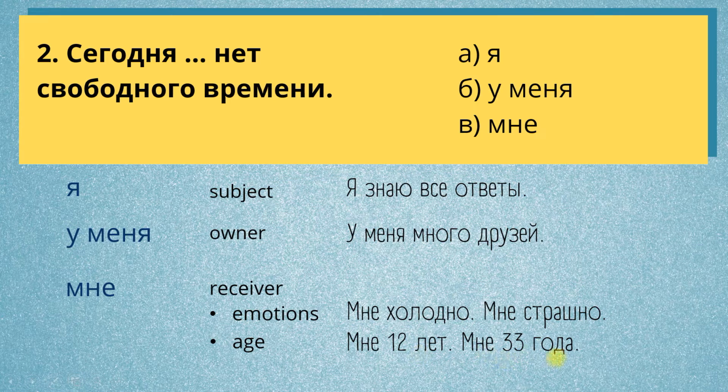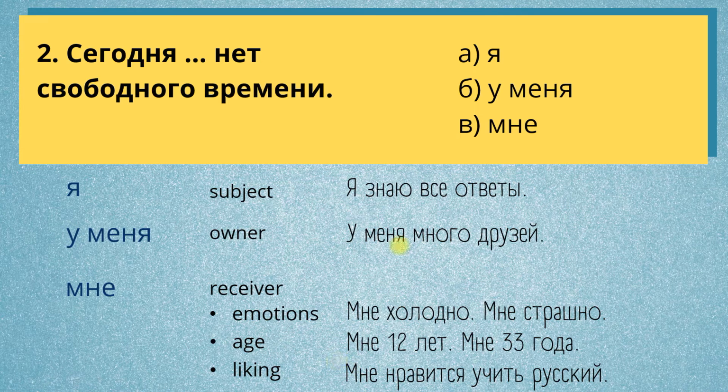Мне 33 года. Again, 33 years I received. And some liking, it's the construction «Мне нравится учить русский». I will add the link to the video about нравится. There I already added some explanation about this construction and why it's dative.